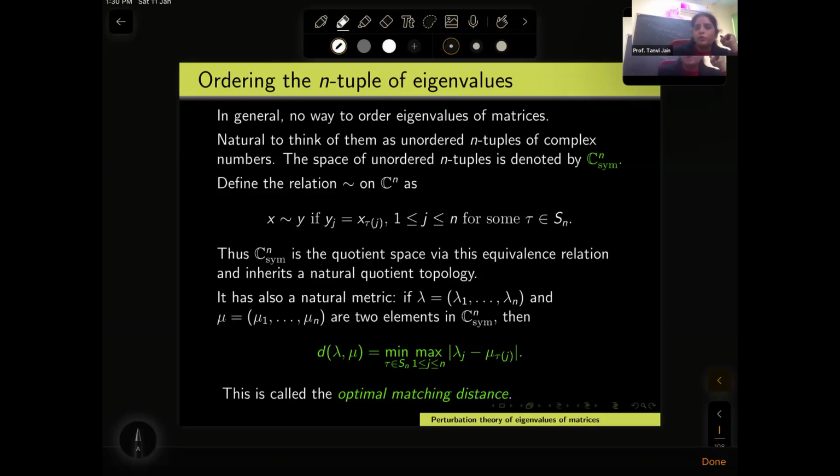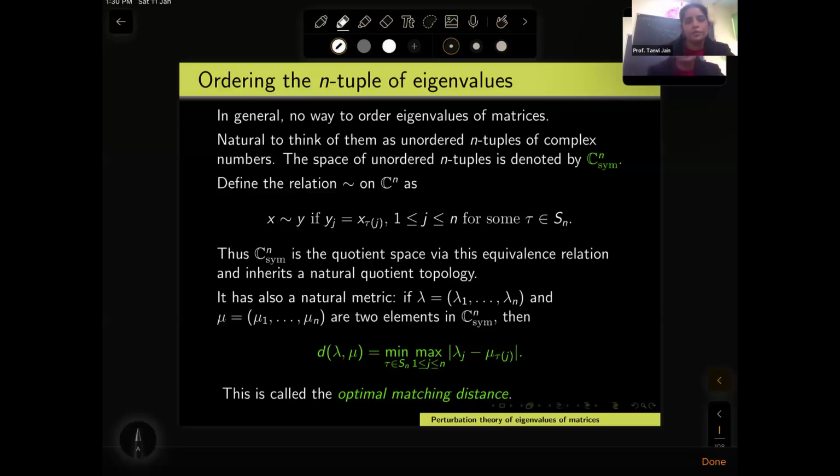We don't go chasing ways to order eigenvalues. We say, let's not order them. Let's consider them as unordered tuples. So lambda is a multiset. We are not dropping the condition of multiplicity. We still take multiplicities into account, but we are okay with not ordering them.